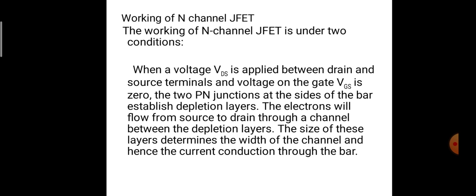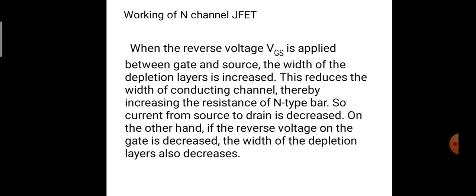The size of these layers determines the width of the channel and hence the current conduction through the bar. When the reverse voltage VGS is applied between gate and source, the width of depletion layers increases.